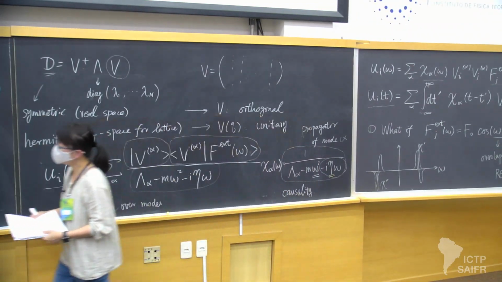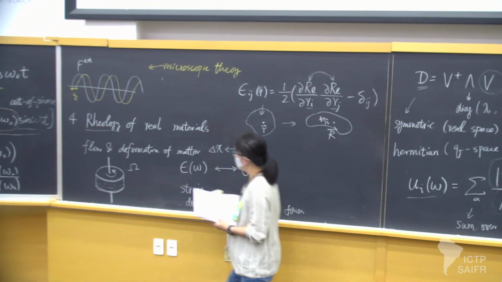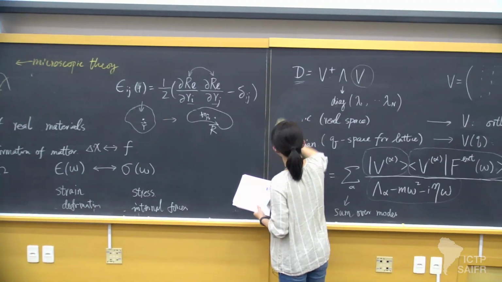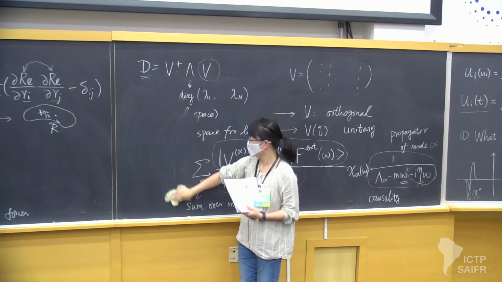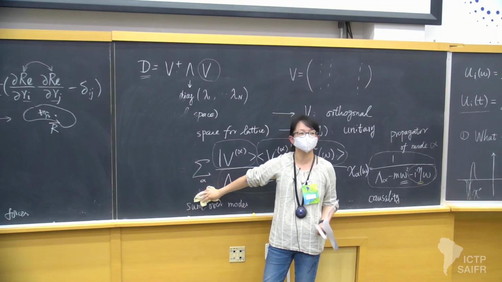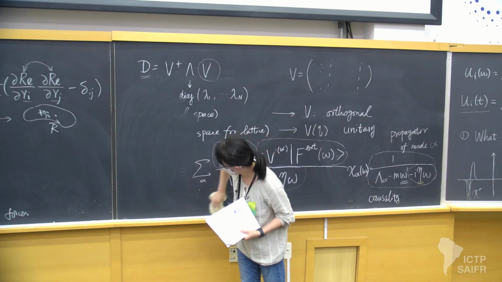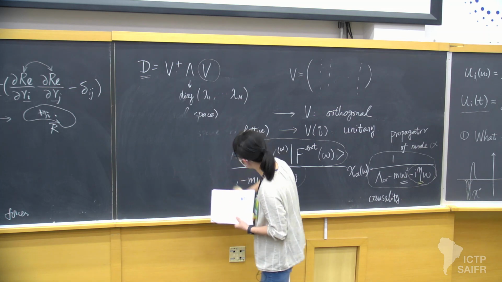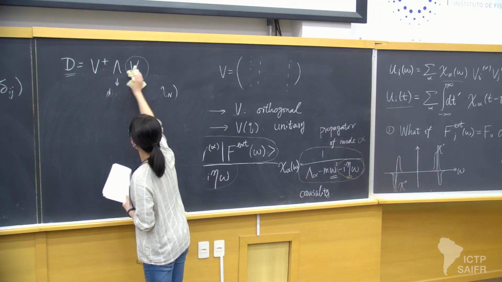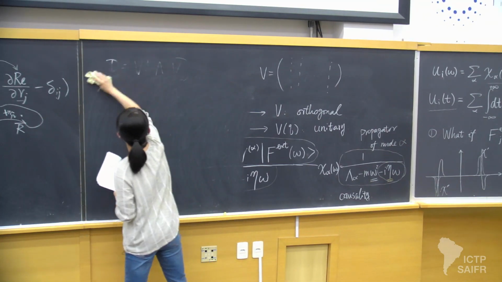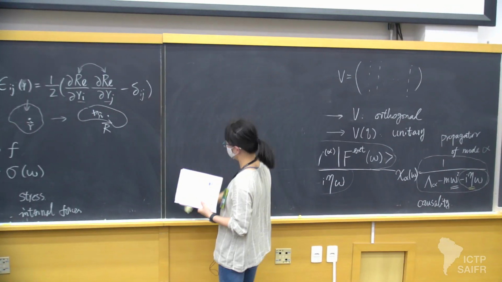So in general, we are often interested in the rheology of disordered materials, right? Such as a polymer network or a colloidal glass. And in general, the response can be called viscoelastic.